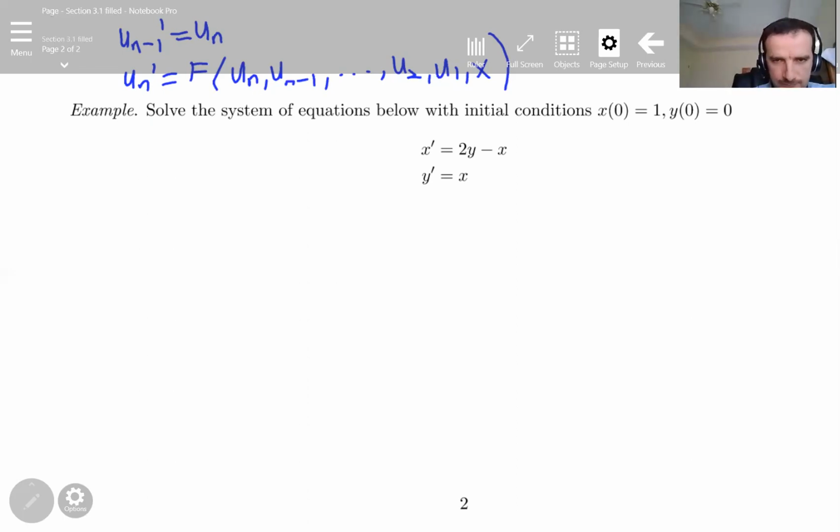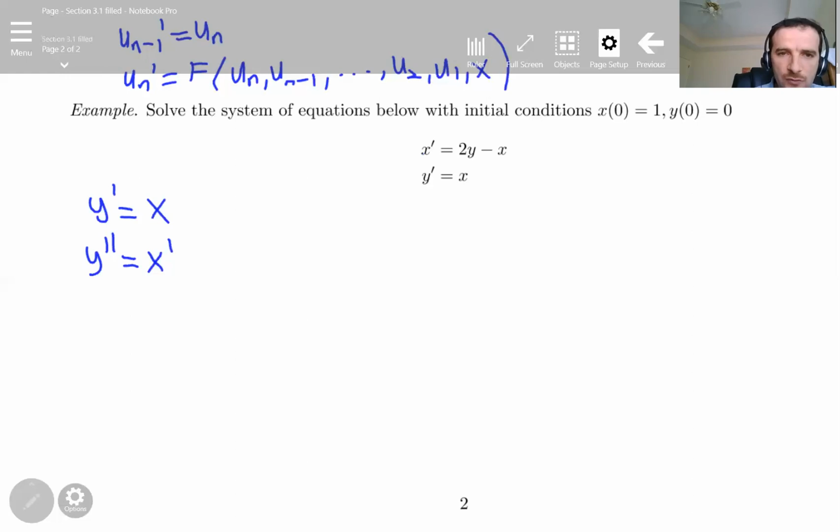First of all, what we have here is y prime is equal to x. And y double prime will be equal to x prime. So I'm using the second given equation to find x prime, and now I'm going to plug it into the first equation.